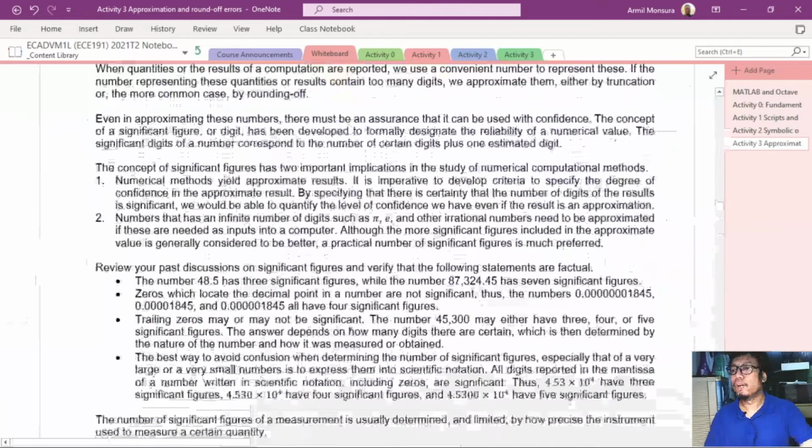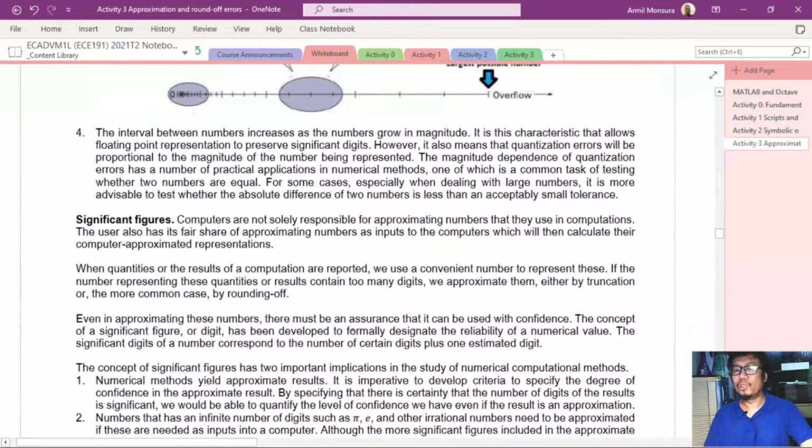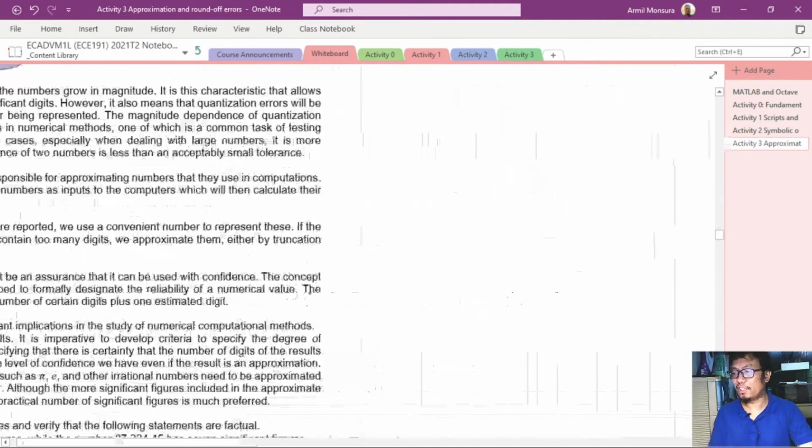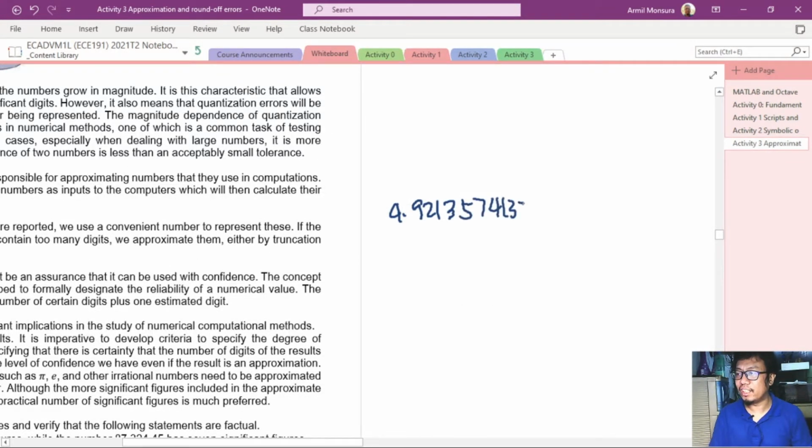Now, in terms of significant figures, this is the part for us, because when we express numbers, especially if these numbers are approximate, we only report a certain number of digits. You don't report everything. If your calculator brings out a result of 4.92135741327, for example, you don't report it as it is. You might report it as 4.92.